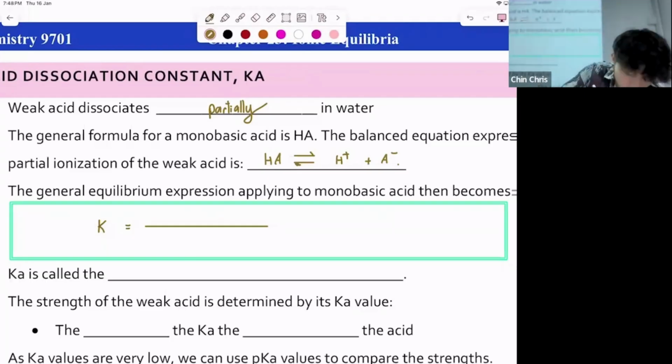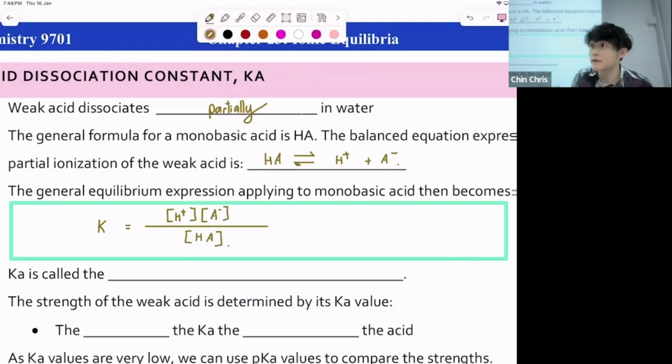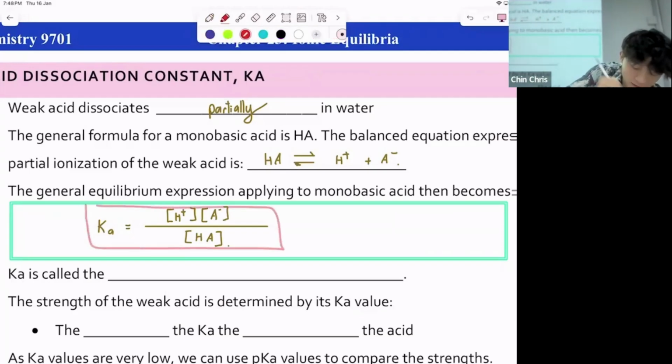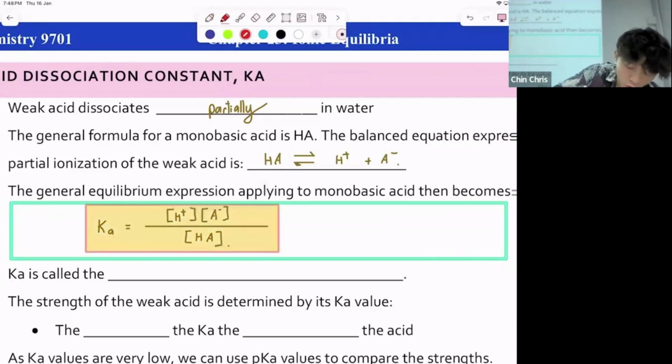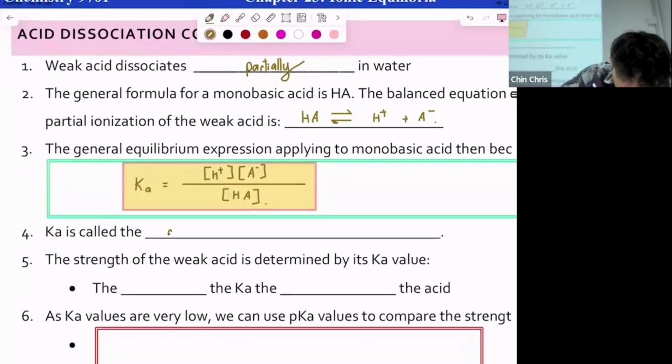So is it the concentration of H+ times the concentration of A minus over the concentration of HA? Correct. And guys, this entire expression has a name. We call it Ka, which is also known as the acid dissociation constant.